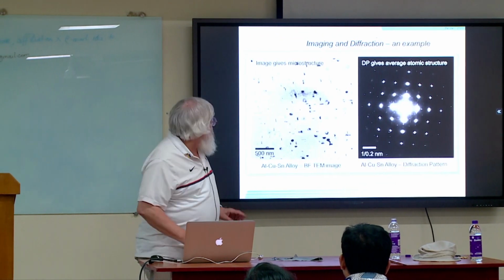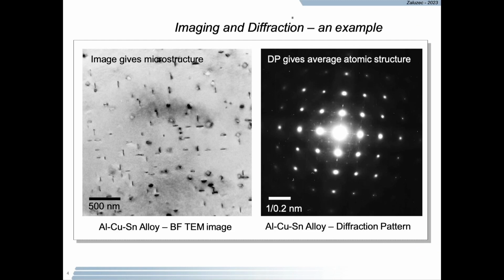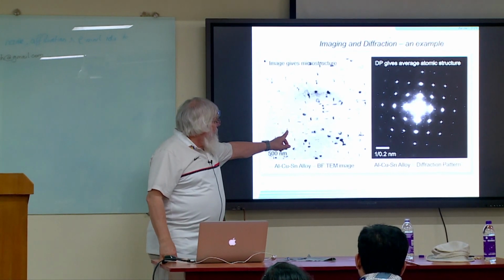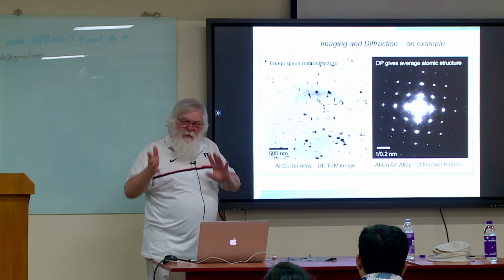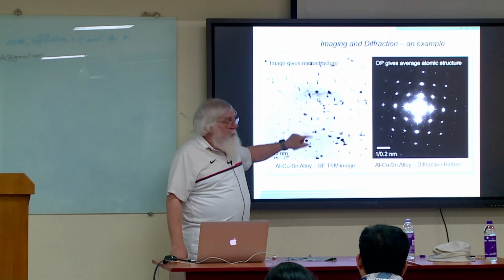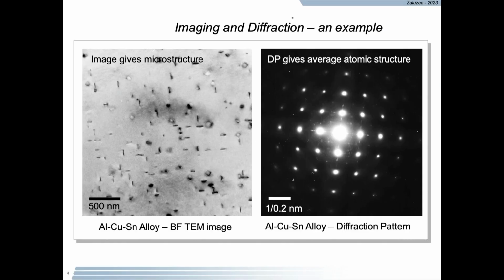Let's go forward. Here's another example of images and a diffraction pattern, both from the same thing. What can we tell about here? Well, we look at this and we see, oh, this area is a lot different. We have long skinny things, not quite cigars, and we got some flat guys in a matrix. And now we do diffraction from this, and what do we see?